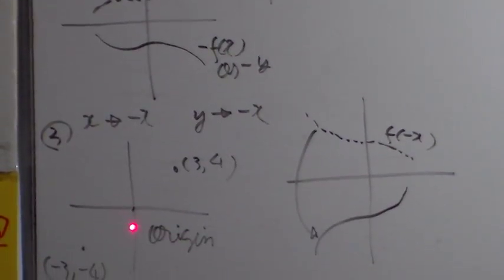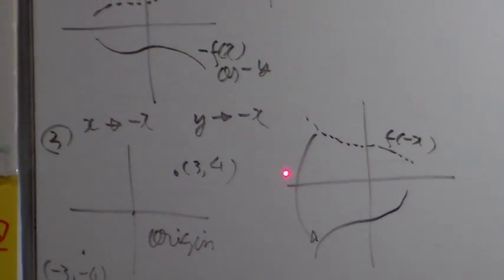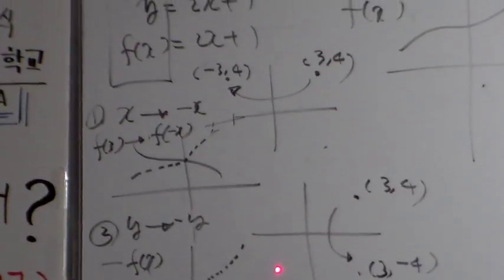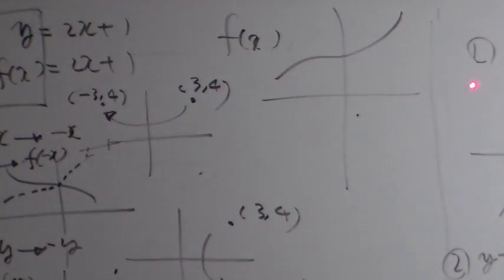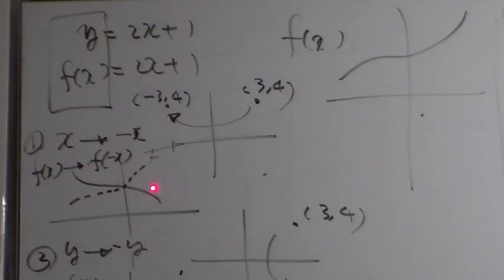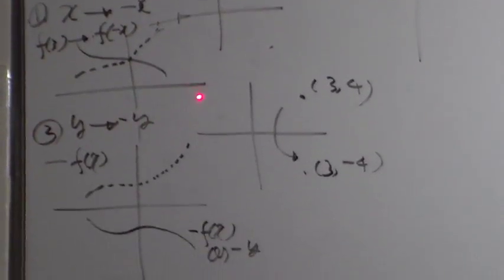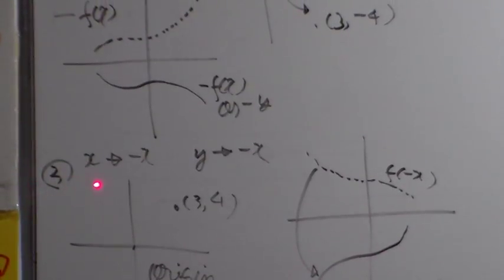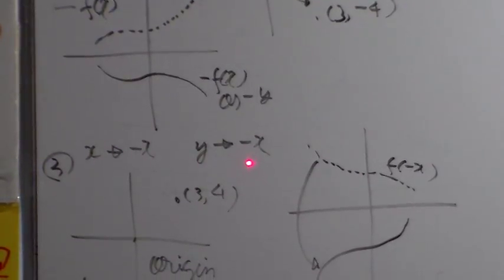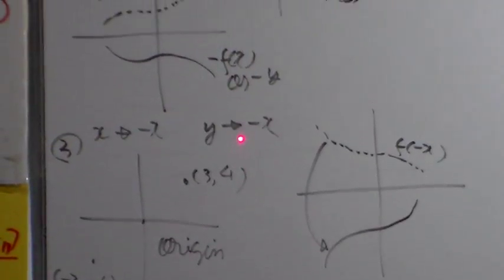The original graph is this one. Flip around the y-axis is this. Then turn around the x-axis will be this one. So this graph is x replaced by minus x and y replaced by minus y, not x. I'm very sorry about this one. That's the graph.